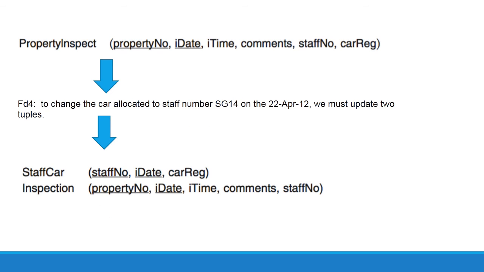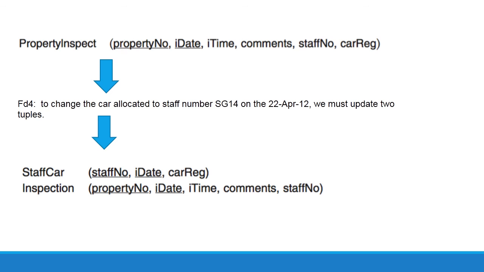So from 3NF to BCNF, we do something like this. We separate the car register and staff number with inspection date as a separate relation, a separate table, which we call staff car. Staff car has three attributes: staff number, inspection date, and car register.